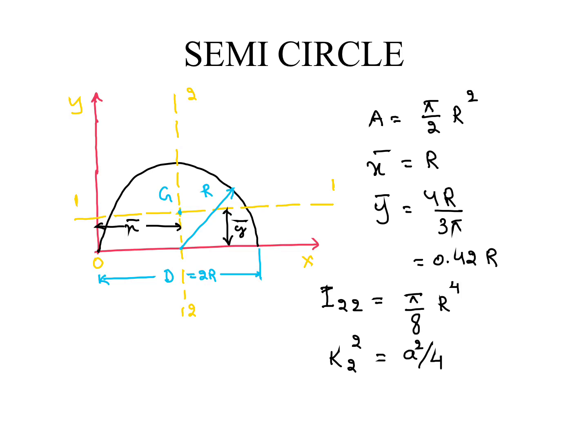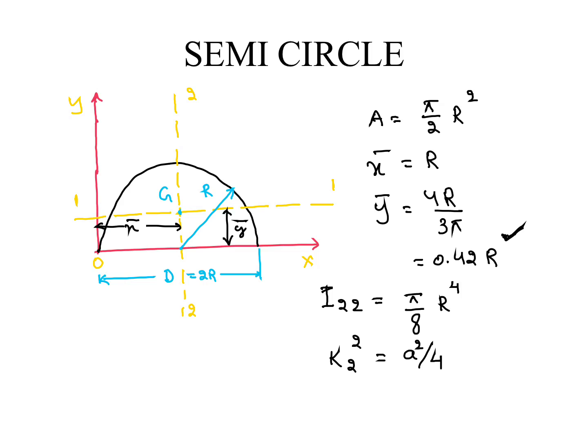Y bar is 4r by 3 pi, x bar is r. They won't give you a calculator, so you remember this formula also. Y bar value is 0.42 r or 4r by 3 pi.